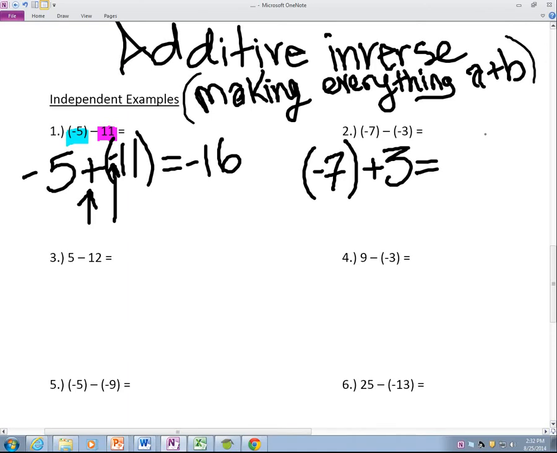Now, with this, it's because the absolute value of this is bigger than the absolute value of the other thing. So we have negative 4.